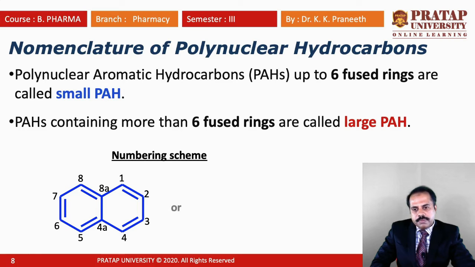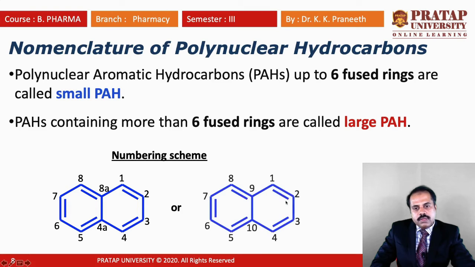We can also use another way, as shown here. We can number the naphthalene ring in this way also. It starts from here, 1, 2, 3, 4, 5, 6, 7, 8. Instead of 8A, you can number it as 9, and instead of 4A, you can number it as 10.